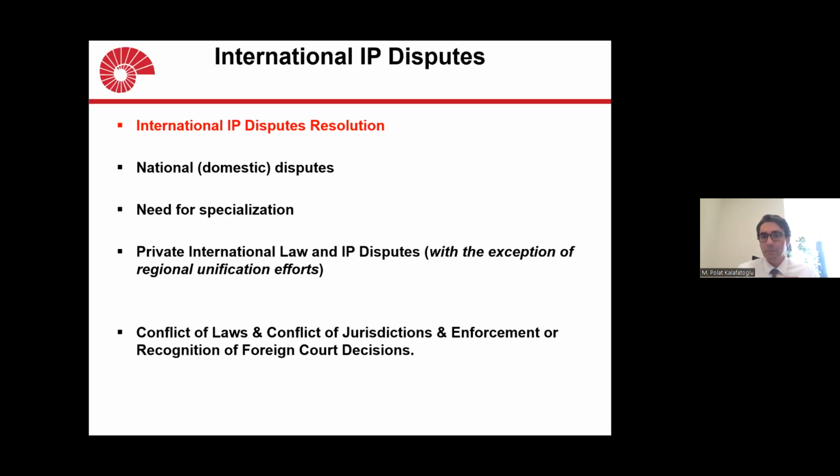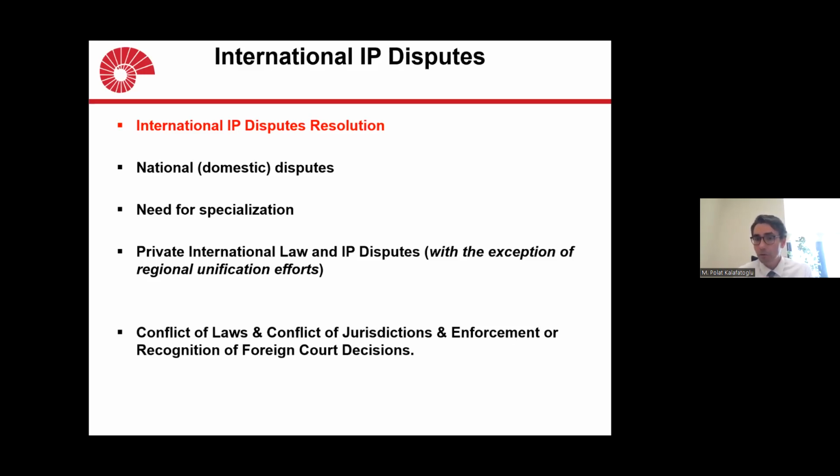complexities, because when you have an international IP dispute, so an IP dispute involving a foreign element, as you know, there will be questions of applicable law. So which national law will be applicable to this dispute, and which national courts have international jurisdiction for these disputes.